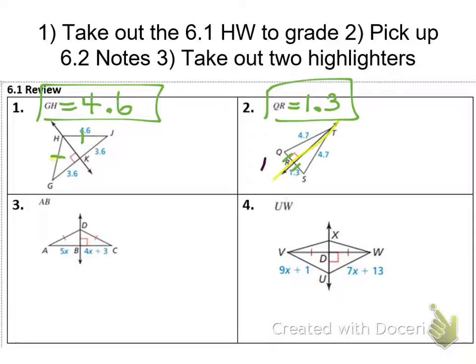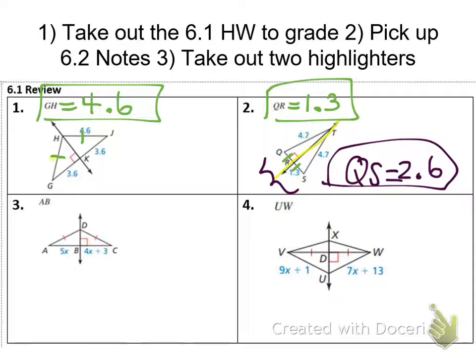Just make sure you're prepared in case it ever asks, because it will. I know you haven't been asked yet what the length of QS would be. Can someone tell me how I would find the length of QS? Yes, Kendall, we would add them together. So what is 1.3 plus 1.3? 2.6. Yep.